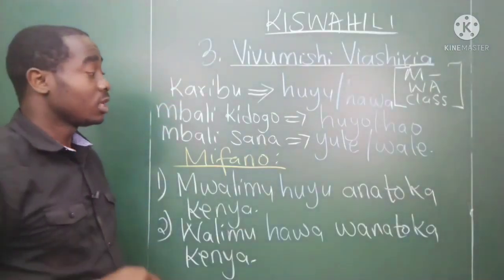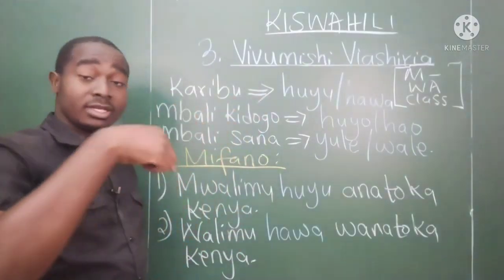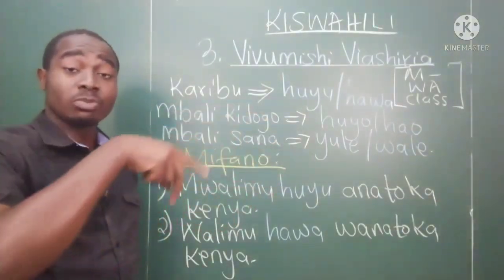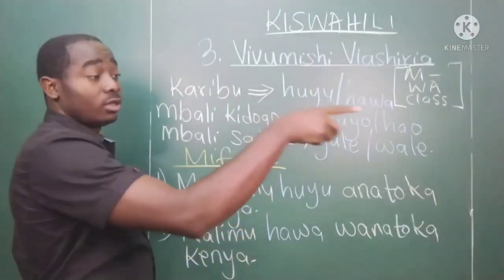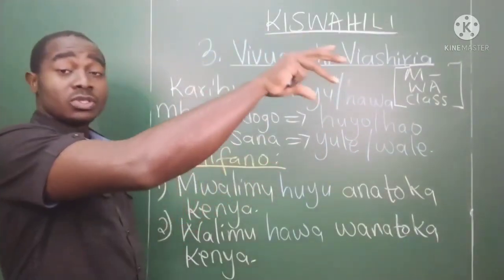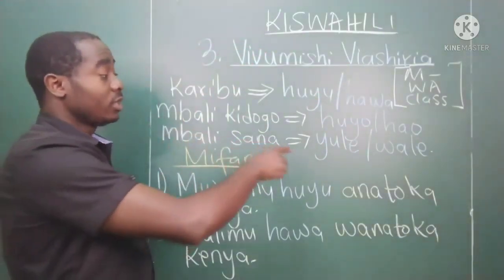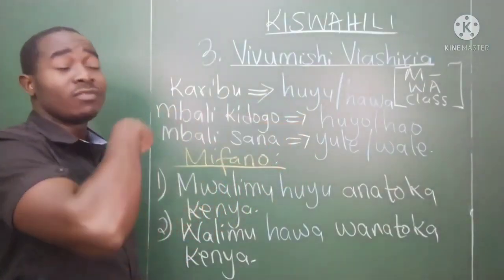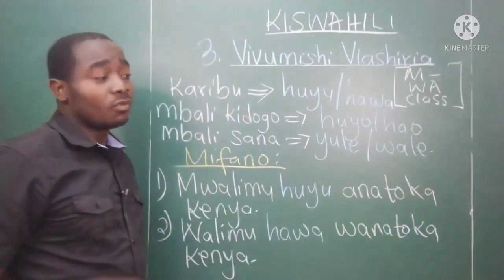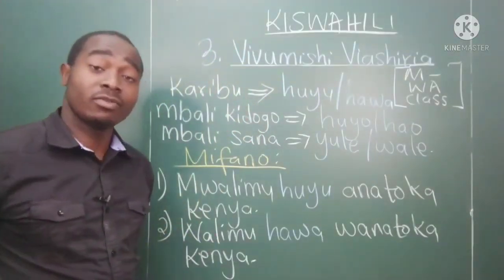Those. So here huyu means this, very near. Then hawa, these, plural. Huyo, that, a little bit far. Hao, those, a little bit far. Then yule, that one, very far. Then wale, those ones, very far.